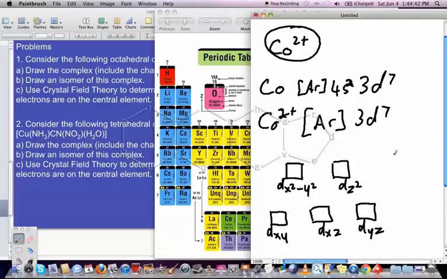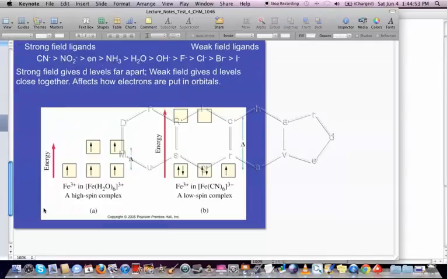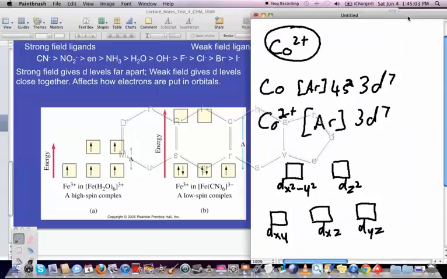Now we need to figure out what kind of ligands we have attached, and we've got Cls and waters, so we're looking at weak field because we're down pretty much on this end of the continuum. So we're looking at weak field, which means a low energy difference between these two here.